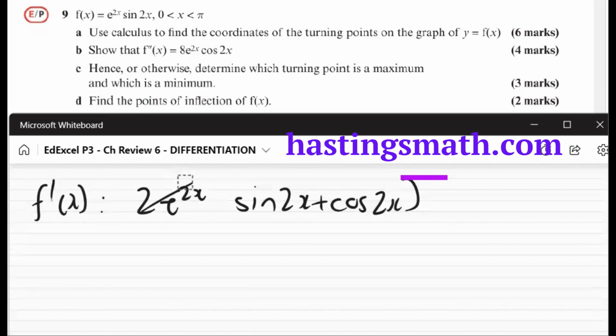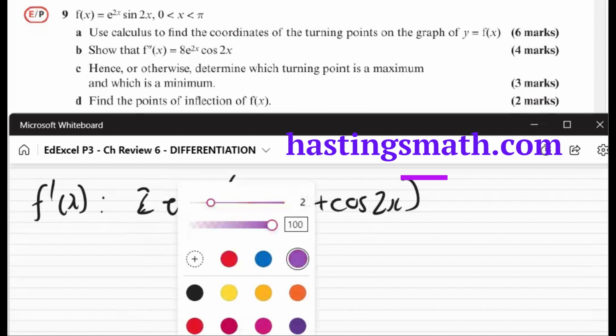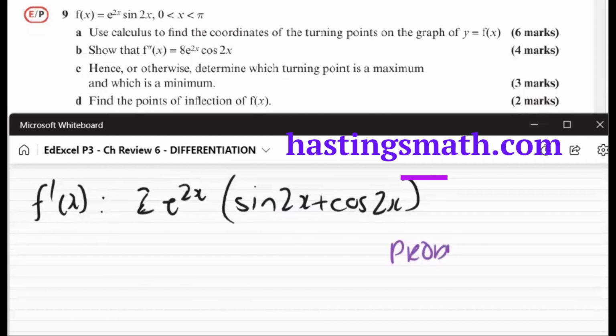This shouldn't have a line through it. Okay, 2e to the 2x, cos 2x sine 2x. So we can use the product rule. When you have one function times another function, you name one u and the other one v.